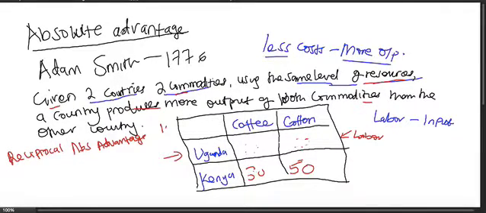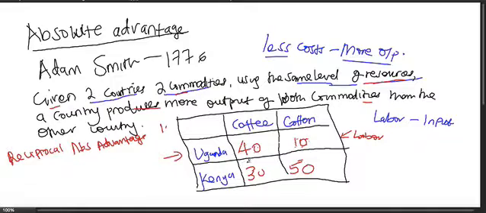So if, say, Uganda is producing coffee using 40 workers, and Kenya is using 10 to produce this.